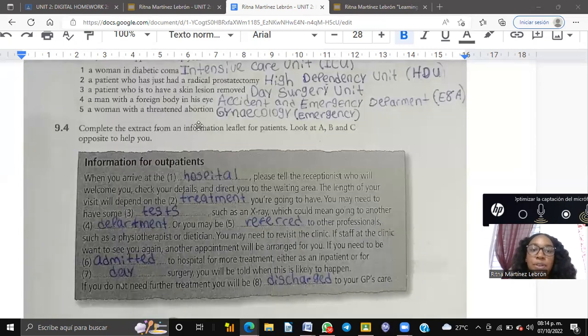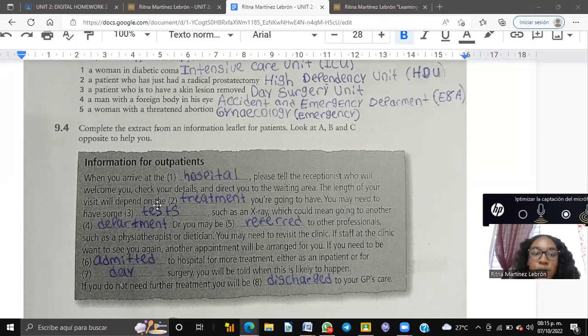Complete the exercise from the information letter for patients. Look at A, B, and C opposite to help you. Information for all patients. When you arrive at the hospital, please see the receptionist who will welcome you, check your details, and direct you to the waiting area.